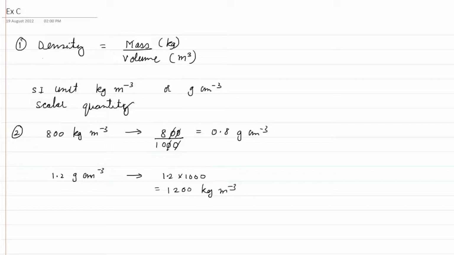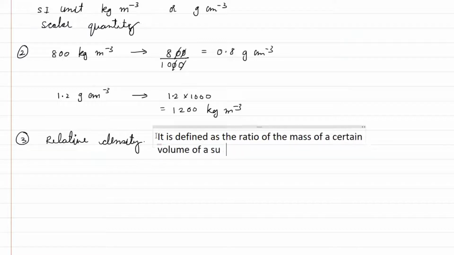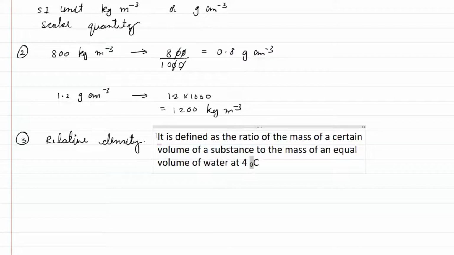So we have seen what density is. We have seen how to convert density from SI to CGS and CGS to SI. The third thing is the concept of relative density. It is defined as the ratio of the mass of a certain volume of a substance to the mass of an equal volume of water at 4 degrees Celsius. This is one way of defining it.